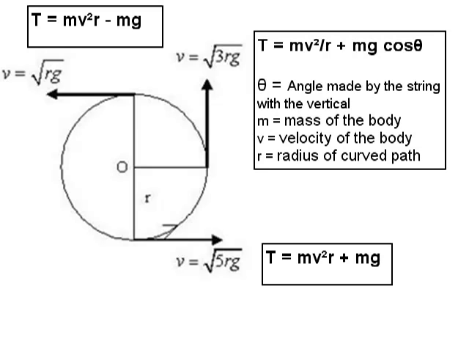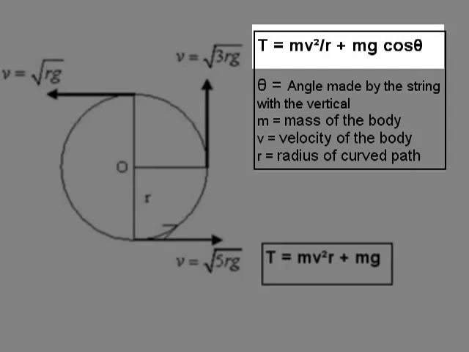These are the maximum and minimum tensions in the string due to the vertical motion, respectively at the bottom and at the top position. For any other position, you have to use the general formula T equals mv square upon r plus mg cos theta. This is how the vertical circular motion also can be analyzed.